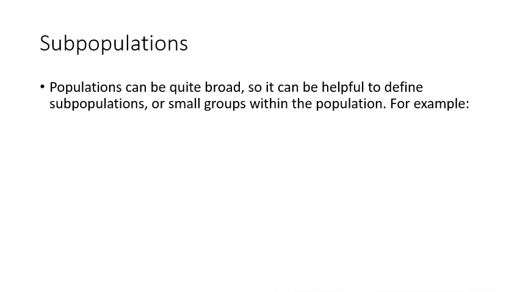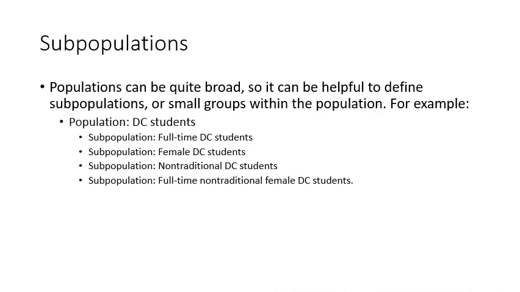So we want to really clearly define our entire population, and usually we need to do that in terms of subpopulations. So for example, if your original thought was that your population would be Diné College students, well, let's think about who you actually want.